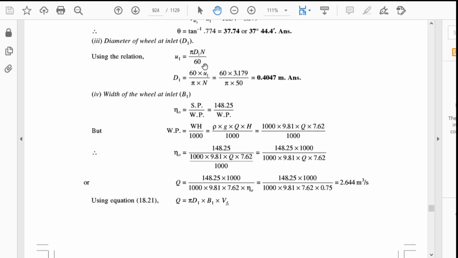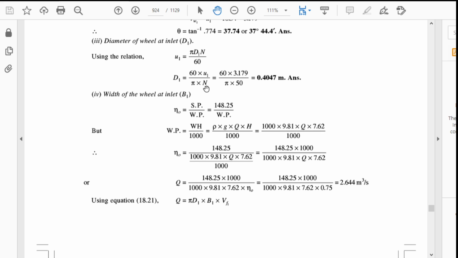Using this, the diameter of wheel at inlet can be found as d1 equals 60 u1 divided by pi n.